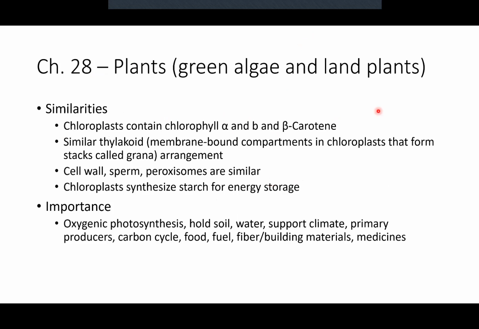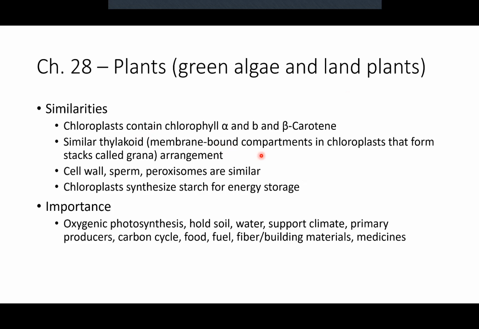Plants, we're talking specifically green algae and land plants. That's how the book divided it. Similarities between green algae and land plants: their chloroplasts contain chlorophyll A and B and beta carotene. Their thylakoid arrangements are similar.